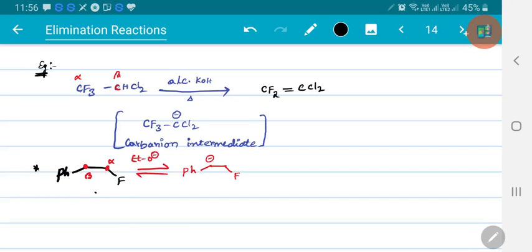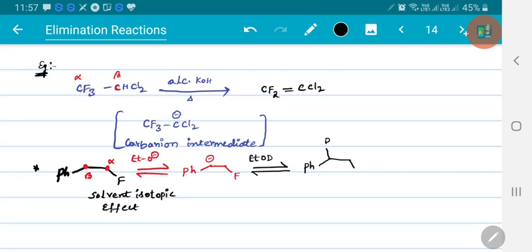In case of E1CB, there is a solvent isotopic effect, meaning whatever solvent I have taken, if I have taken D2O as a solvent, or EtOD, in such cases, if I take D2O as a solvent, then this deuterium is replaced here, leading to formation of deuterium.